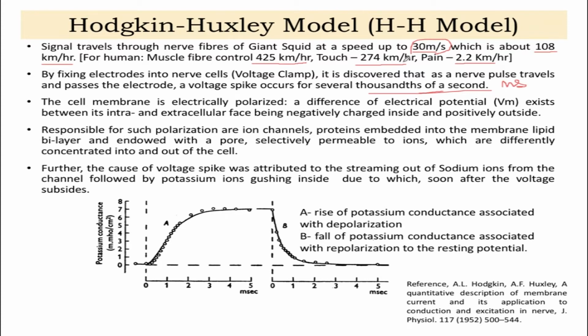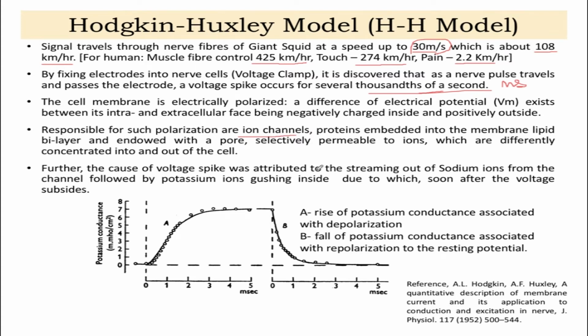It corresponds to 30 meters per second. So the cell membranes are electrically polarized, and a difference of electric potential exists, as I told you, in general, on the negative side, and this changes too. So this all happens because of the presence of the ion channels.